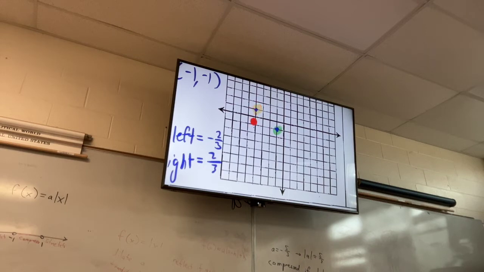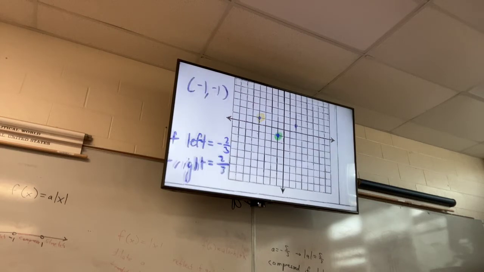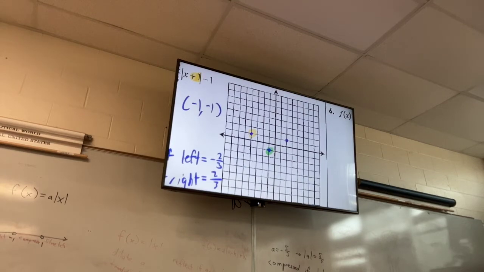So the rise is negative 2, the run is 3. And then 2/3 to the right is up 2, right 3. Okay. And my dots.